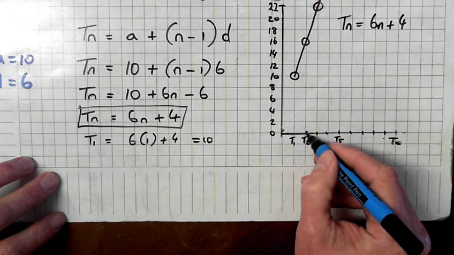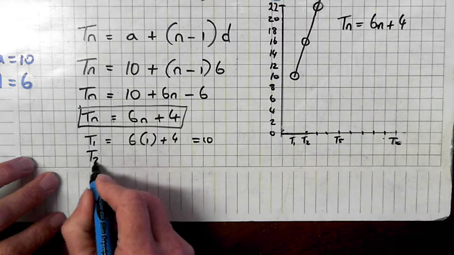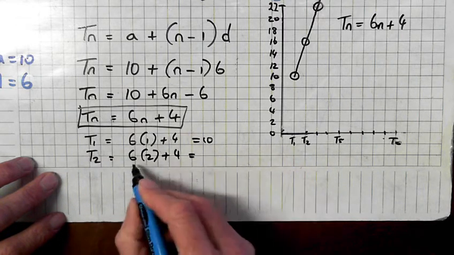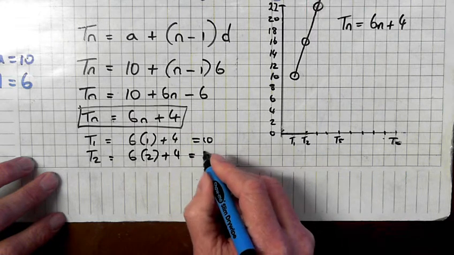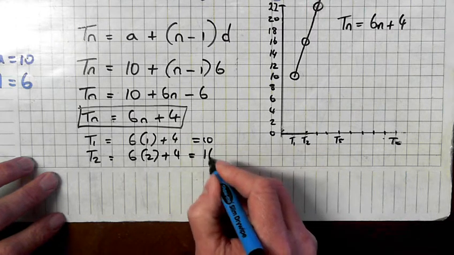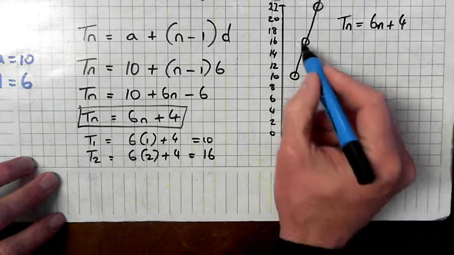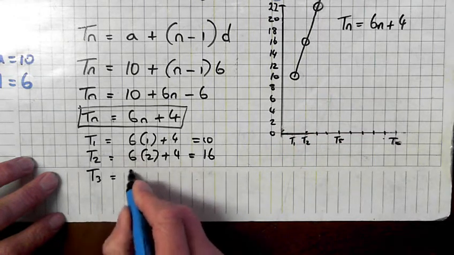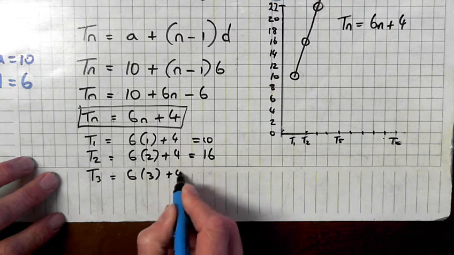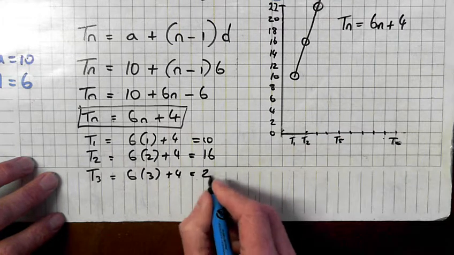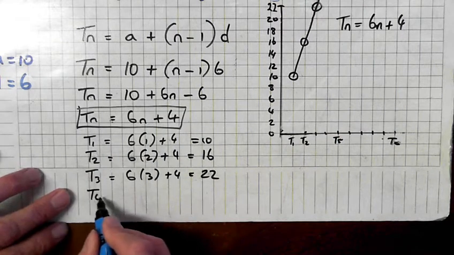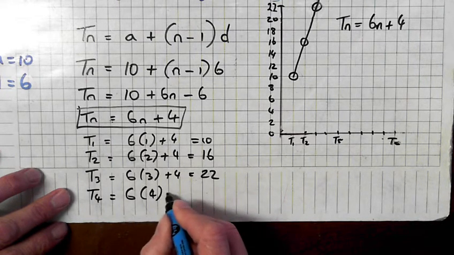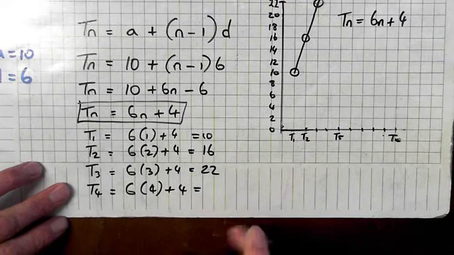Put in 2, T2: 6 times 2 plus 4. 6 times 2 is 12 plus 4, 16. That's my second point. My third point, T3: 6 times 3 plus 4 is 22. T4. Right lads, will you go ahead and take that then?